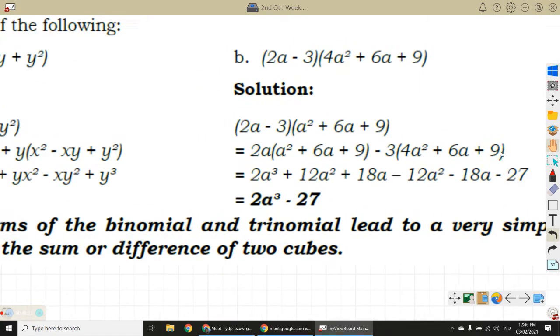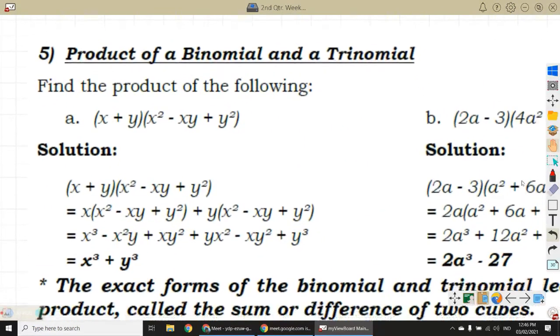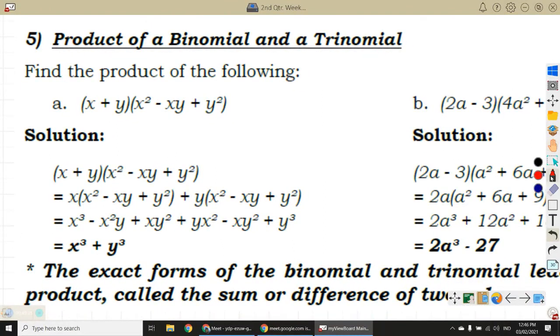The word is inspect. Paano ba mag-inspect, sir? Tanong sa atin, paano natin i-inspect? So, we have here the binomial and then a trinomial. The product of a binomial and a trinomial. Okay? So we have here x plus y times x squared minus xy plus y squared.